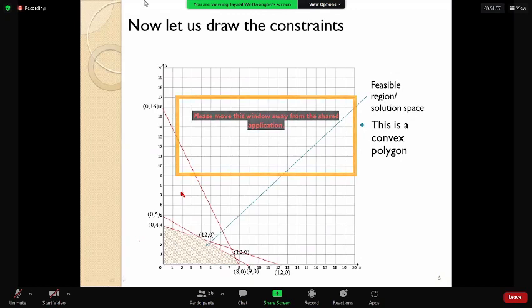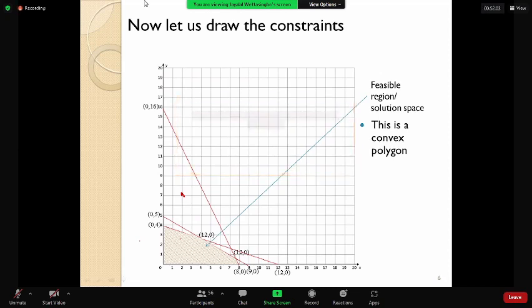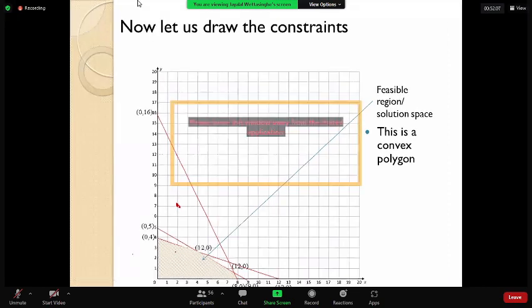Just think and tell me. Three coordinates. Fifteen coordinates.